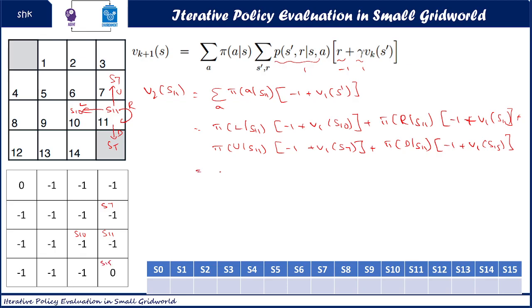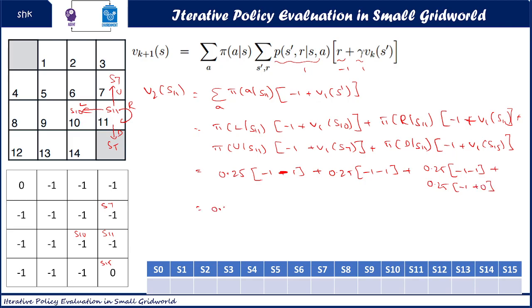Substituting, the probability for all the actions is 0.25, into minus 1 plus V1 of S10, which is minus 1, plus 0.25 into minus 1 plus V1 of S11, which is minus 1, plus 0.25 into minus 1 plus V1 of S7, which is minus 1, plus 0.25 into minus 1 plus V1 of S15, which is 0.